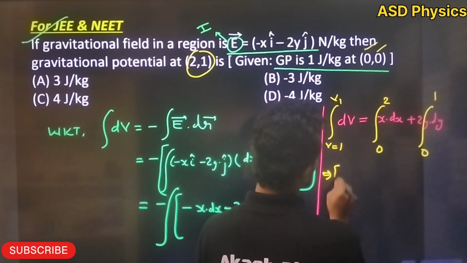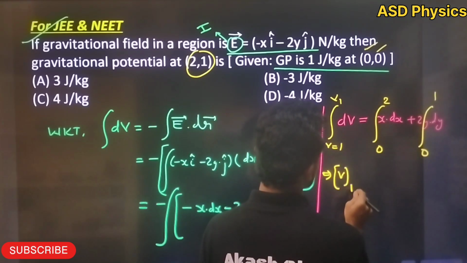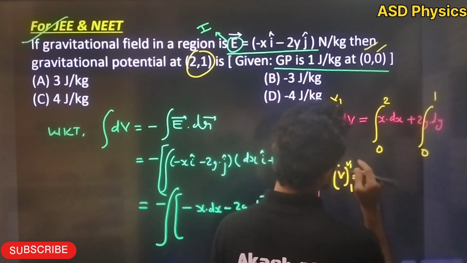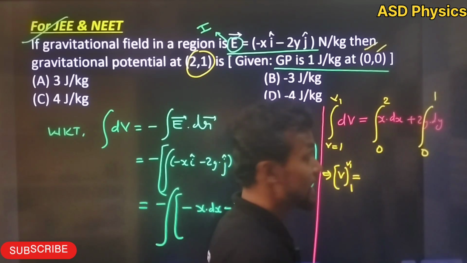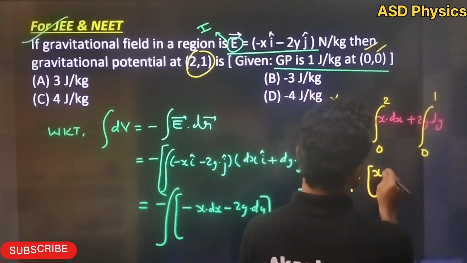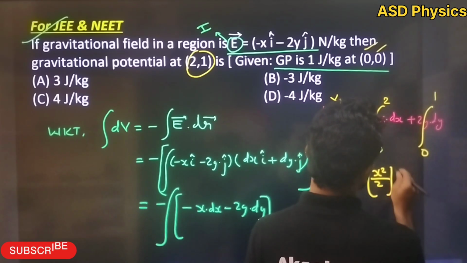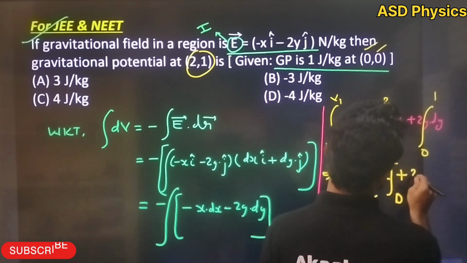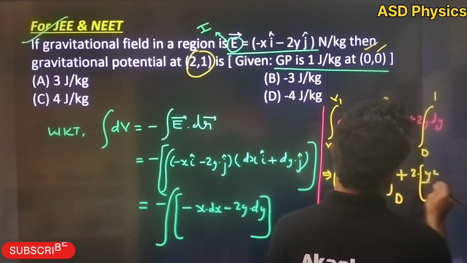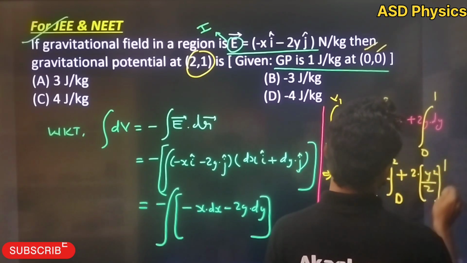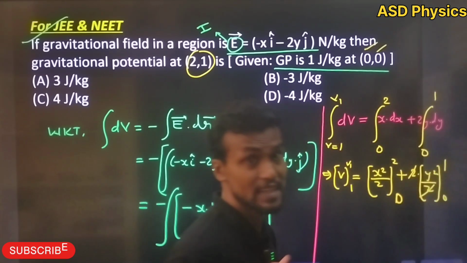Let's see here. Integration of dV from 1 to V1 is equal to integration of x dx, which is x square by 2, using the formula x to the power n plus 1 by n plus 1, from 0 to 2, plus integration of y dy, which is y square by 2, from 0 to 1. So this 2 and this 2 cancel.